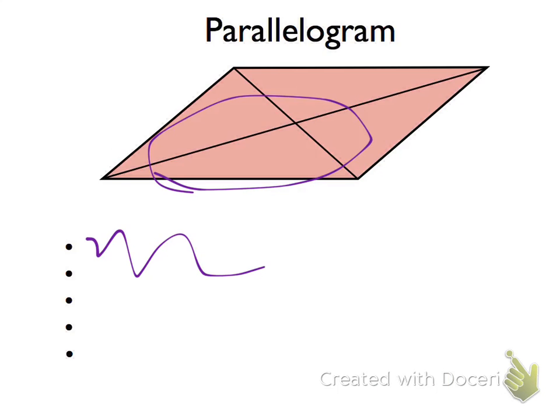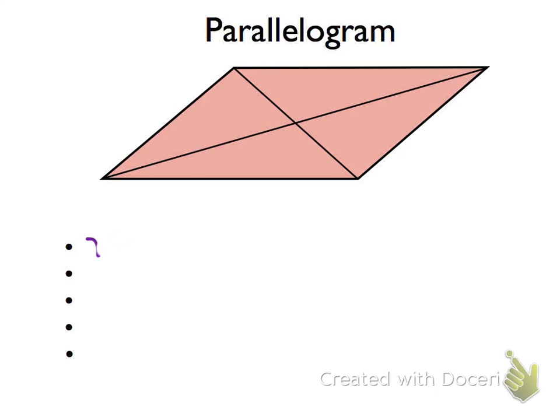Okay, so now we're getting to the part where you are going to fill in your foldable flowchart. So here we have the parallelogram. I'm going to give you information to put into the bullets.